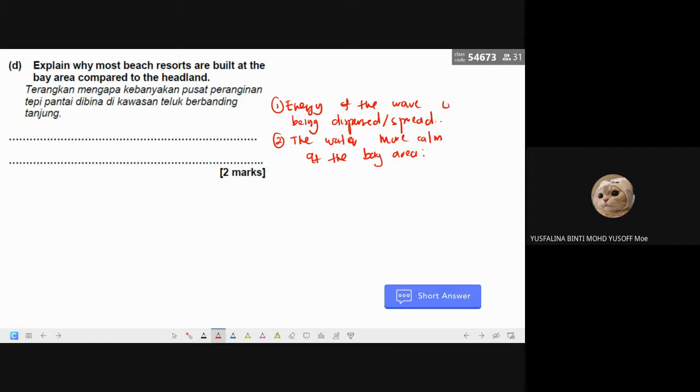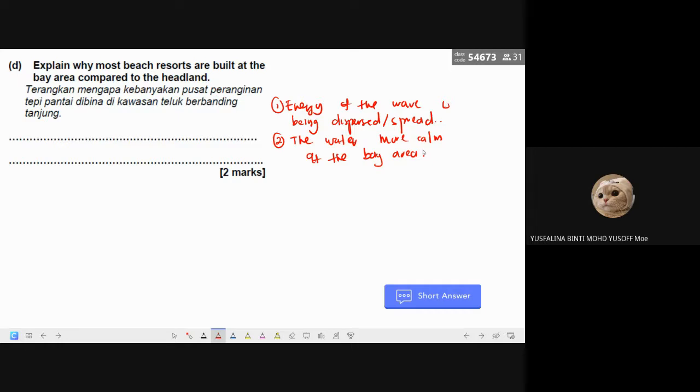Some of you tried the kinetic energy. I'm not sure. I don't think it's about the kinetic energy. It's actually about the wave energy because of the change in the depth of the water. Kinetic energy usually depends on the heat.